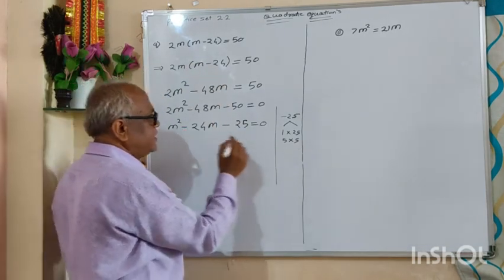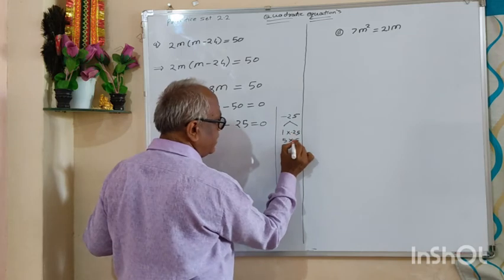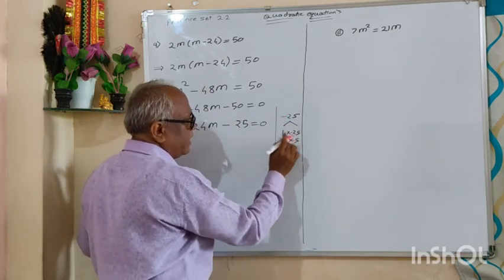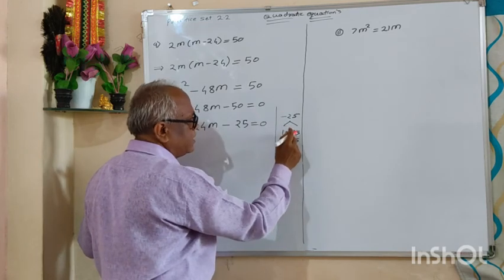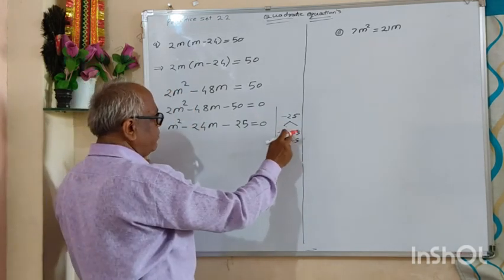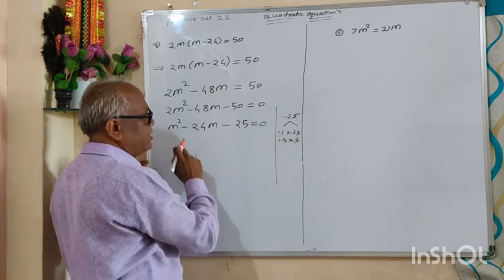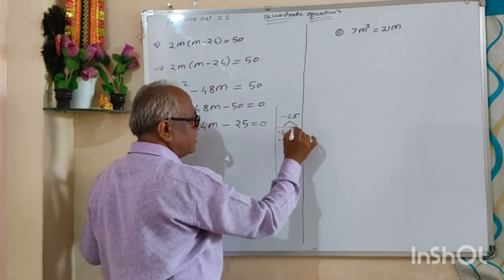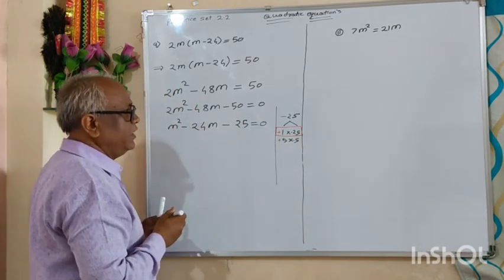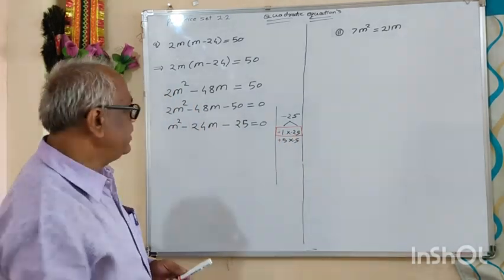Here the minus sign is there, so minus 25 plus 1, minus into plus, that is a minus. Minus 25 plus 1, that is minus 24 we will get. So the required factors are 1 into minus 25.